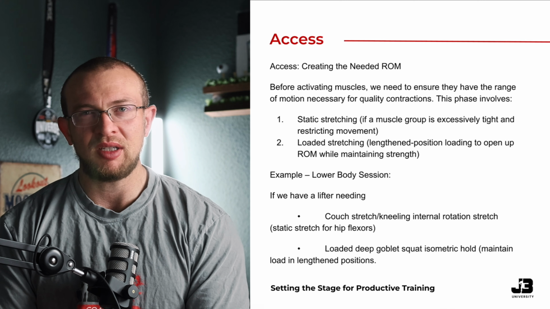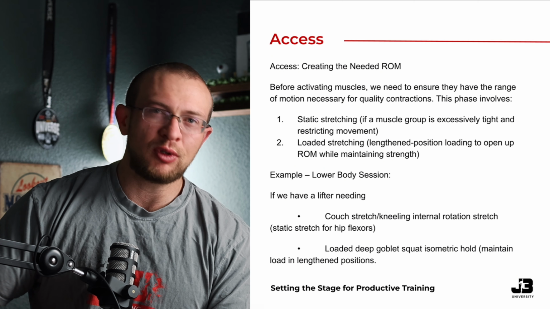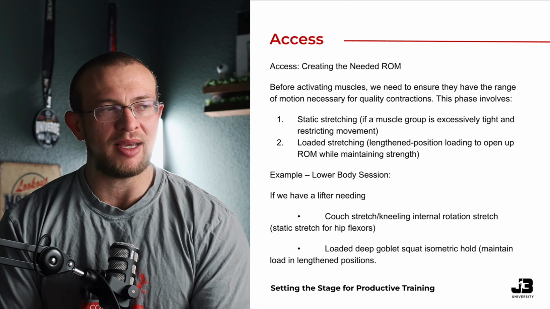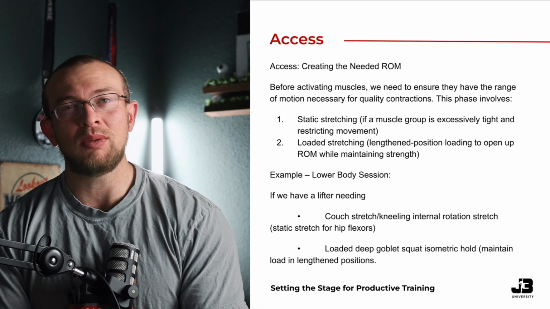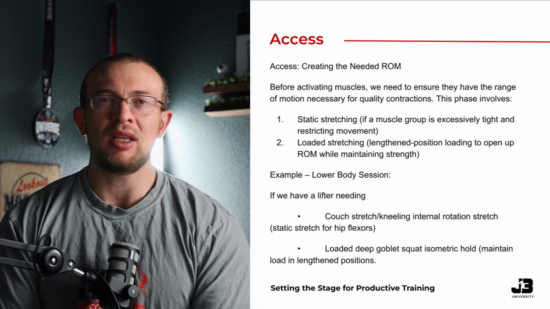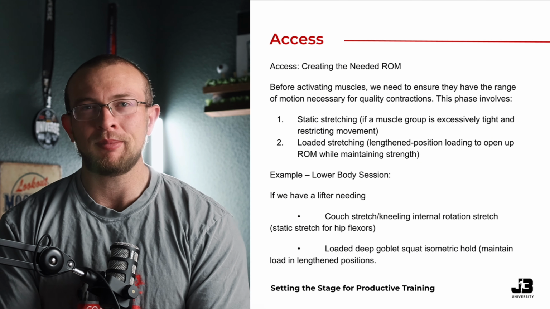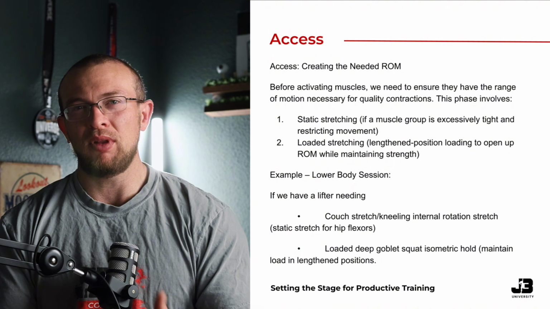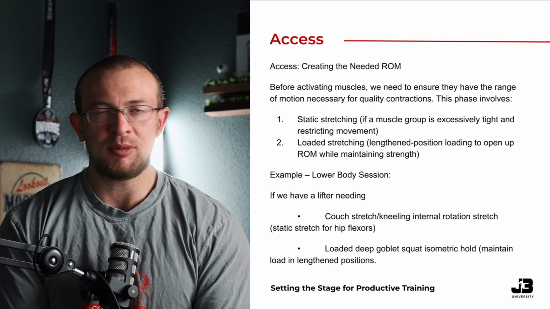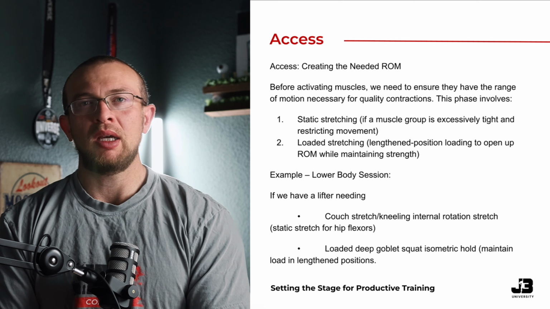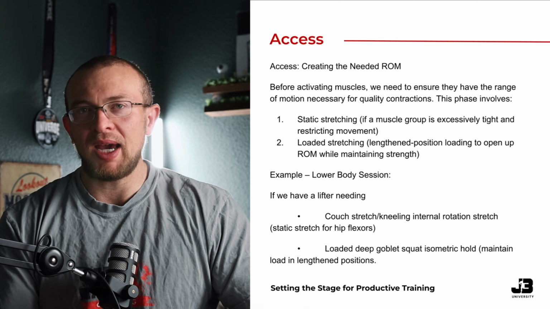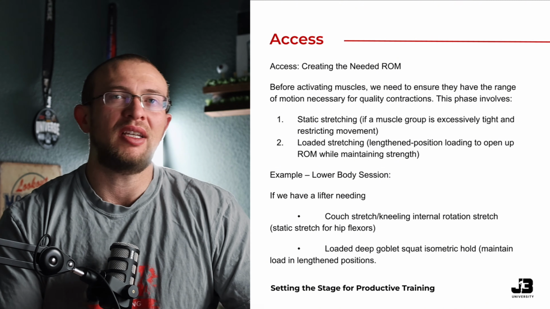We're basically trying to take the femurs through some sort of extension, preferably with some internal rotation. A lot of people do really well with some sort of isometric hold in the bottom of a squat pattern, or an anterior loaded goblet squat, to get them into that depth and load those lengthened tissues in the bottom of the squat pattern. Make sure they're getting into the bottom of the squat pattern appropriately. It's a great way to start the session and get them having more access to the ranges that they're going to see in their actual session.